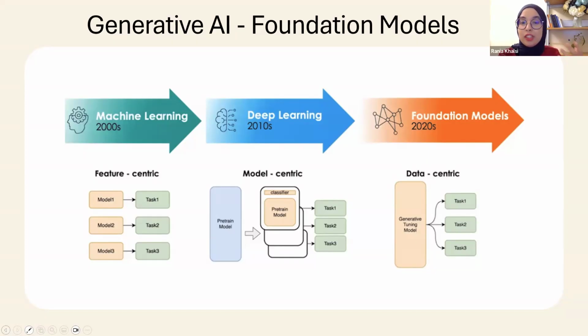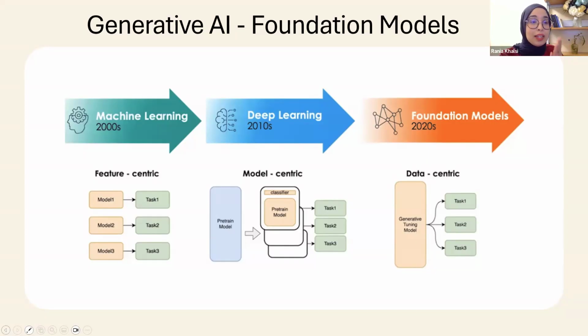We talk about manual feature engineering, selecting the right transformations before the model starts learning.